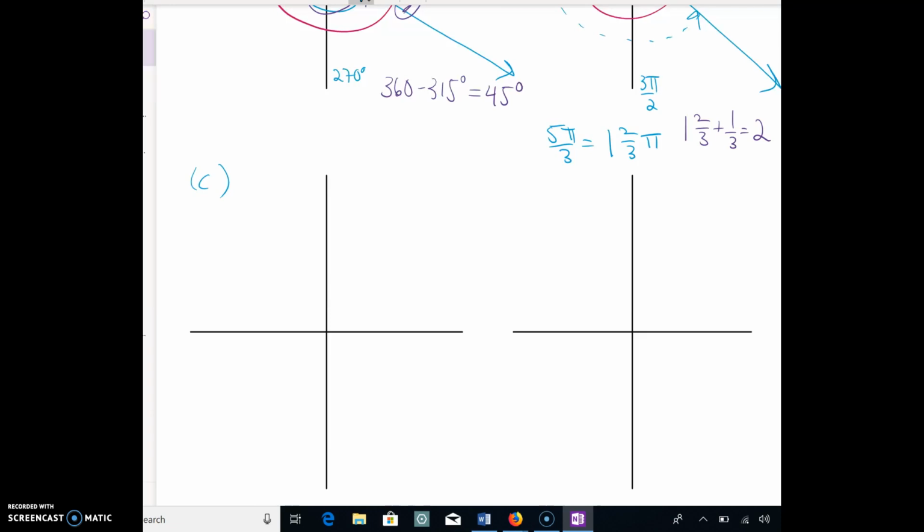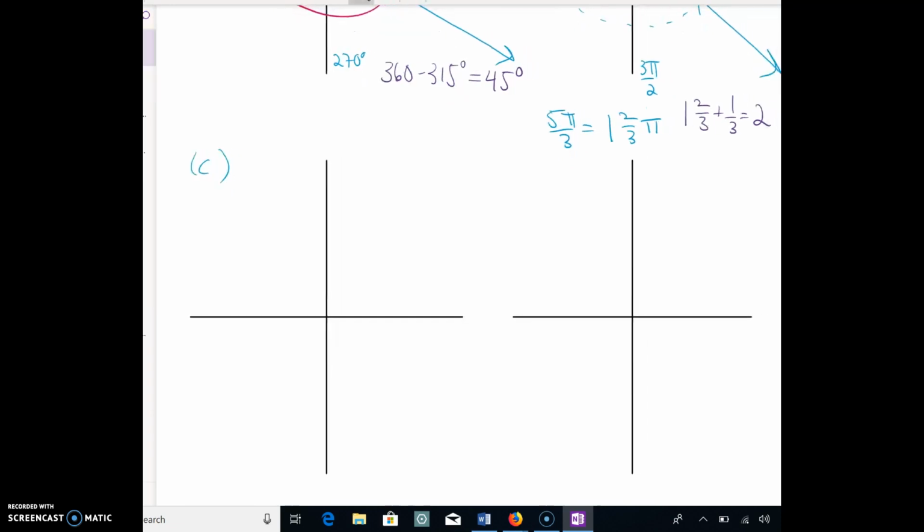For example C, we have negative 5 pi over 4. And as we did before, because we're dealing with radians, I'm going to label my axes, but now because it's negative, remember that means our angle is going to move in a clockwise manner. So I have 0, pi over 2, pi, 3 pi over 2, and 2 pi.